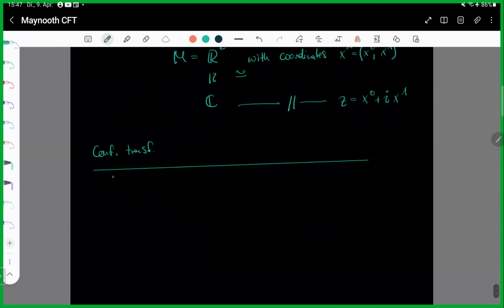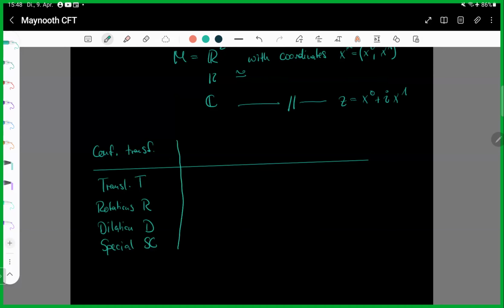The conformal transformations are translations T, rotations R, the dilation D, and the special conformal transformation. Then we had an action. For translations in complex coordinates, this complex coordinate z is just going to be mapped to z plus a, where a carries two real degrees of freedom.